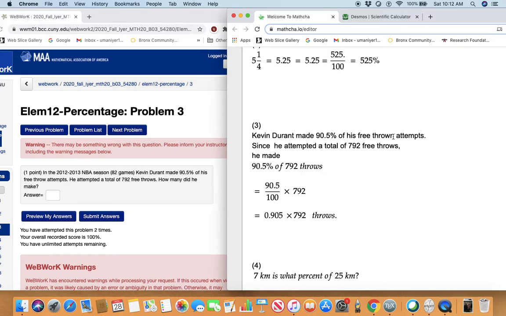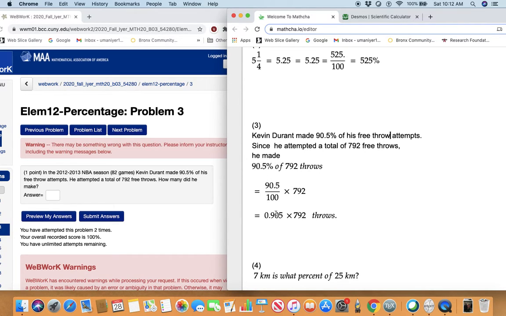Since he attempted a total of 792 free throws, he made 90.5% of the total attempts, right? Of translates to multiplication, percent translates to division by 100. So this phrase in English is equal to 90.5 over 100 times 792. When I divide by 100, the decimal point goes to the left 2 places.